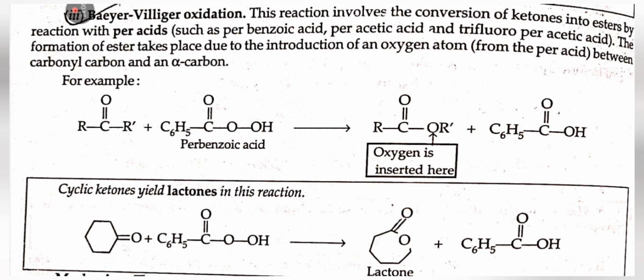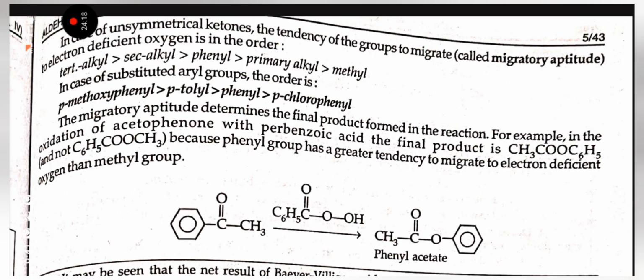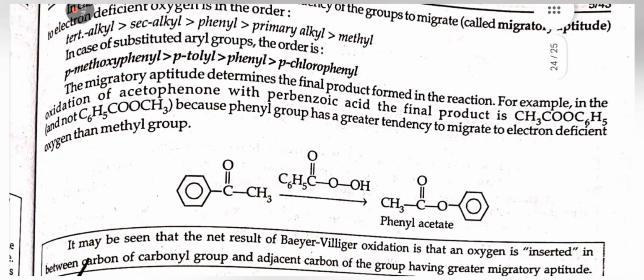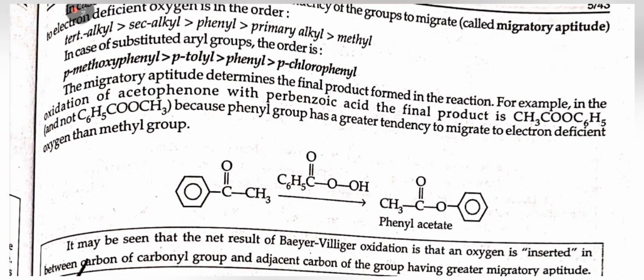Cyclic ketones yield lactones in this reaction, as given below. In the case of unsymmetrical ketones, the tendency of the group to migrate to the electron deficient oxygen is in the order tertiary alkyl, secondary alkyl, then phenyl, then primary alkyl, then methyl. In the case of substituted aryl groups, the order is p-methoxyphenyl, then phenyl, then p-chlorophenyl.